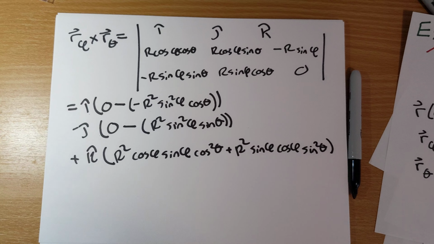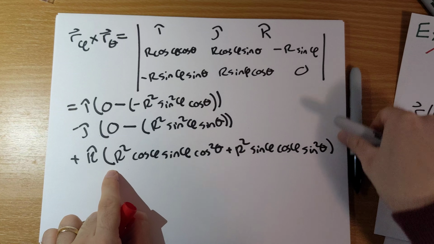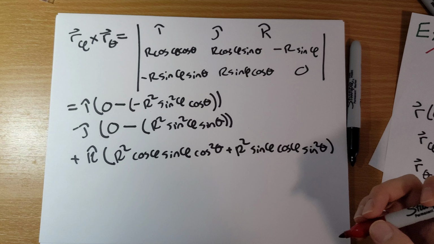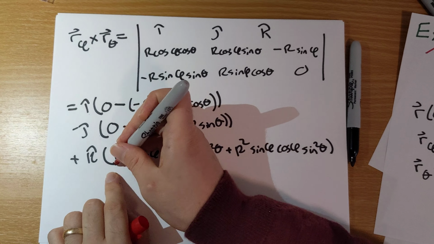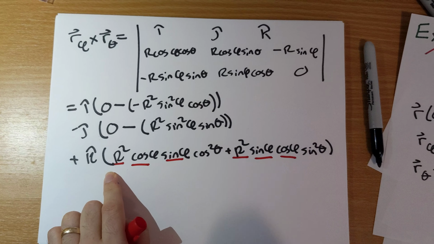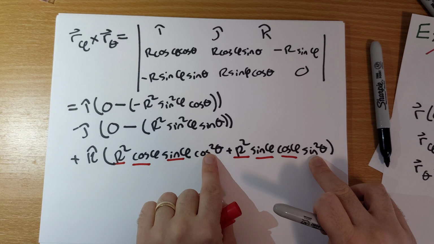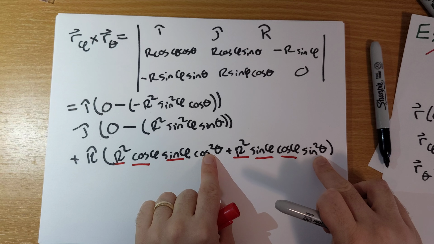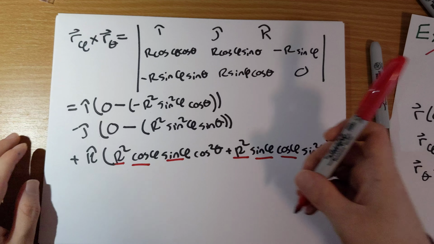Okay, how do we simplify this? We should be looking to simplify. The coefficient of k hat has r squared cosine phi and sine phi in each of these terms, so it would be all of that times cosine squared theta plus sine squared theta, which is equal to 1.